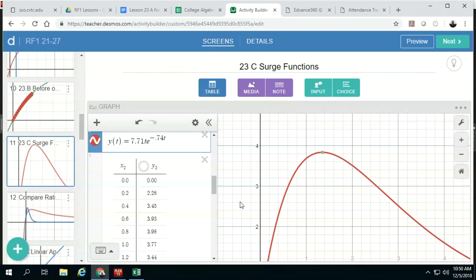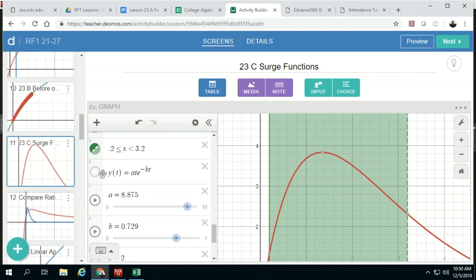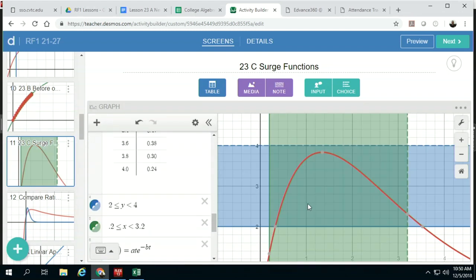Anybody need some more time? Okay, so when I graph A, I did two things here to show you what's going on in this function.